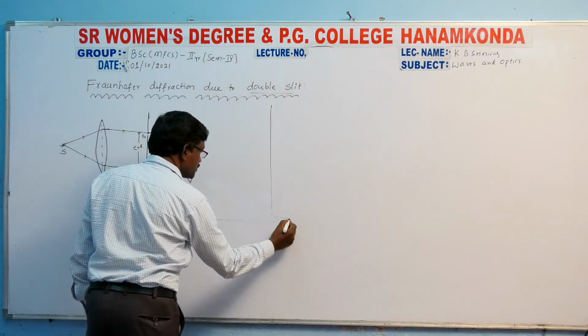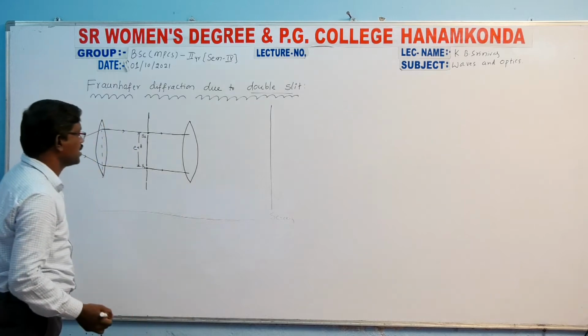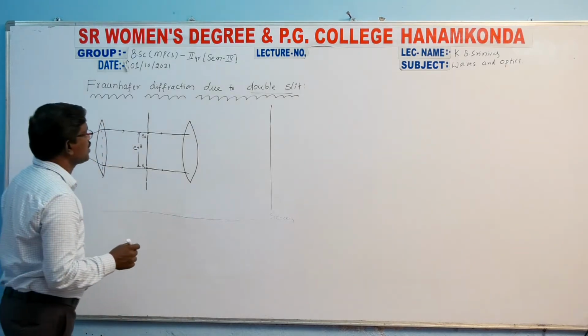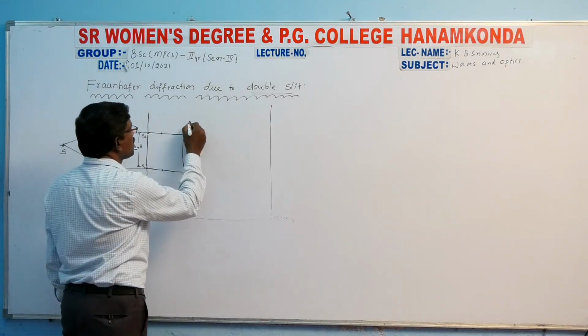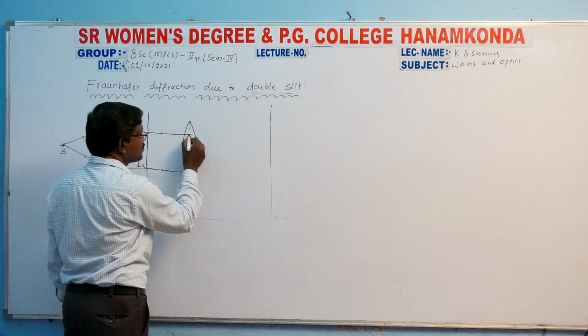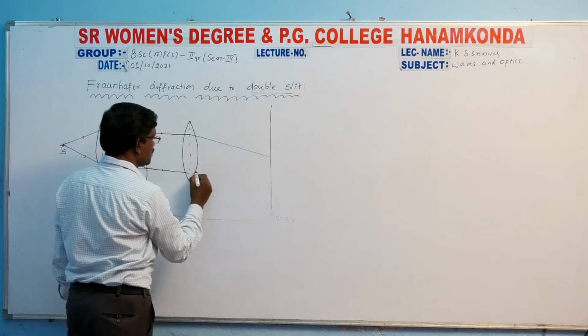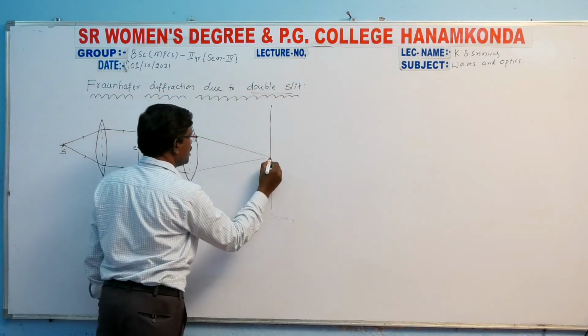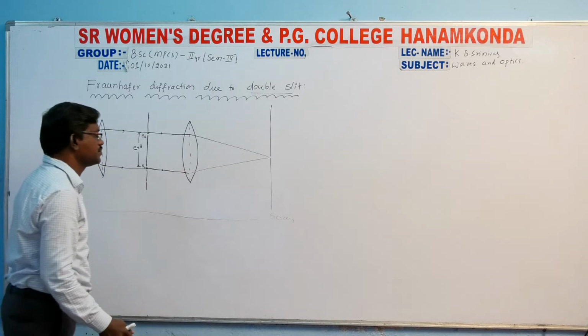So the rays which are traveling parallel to, or normal to, the slit are focused at the middle of the screen. So let this be the middle point of the screen.